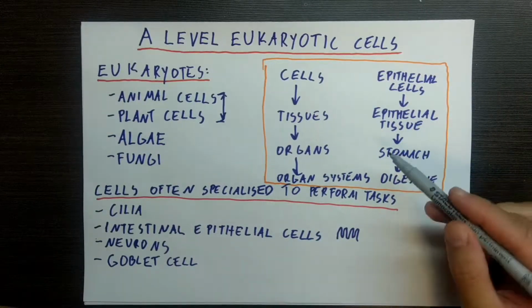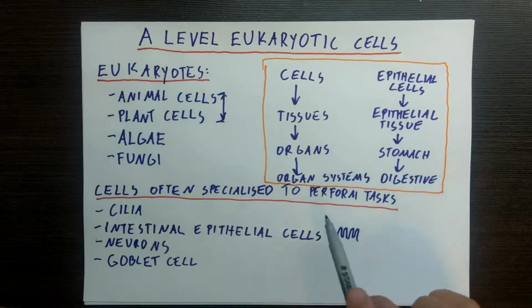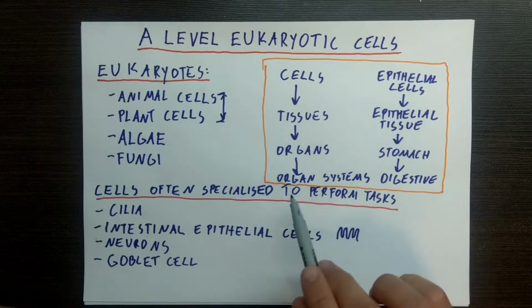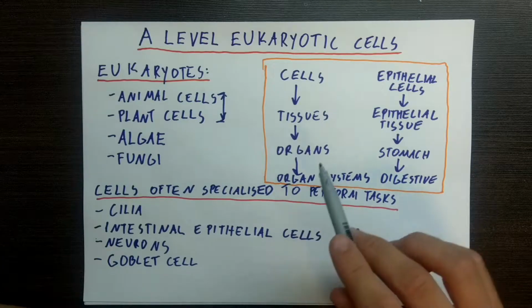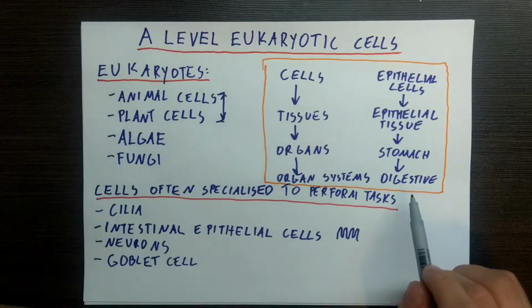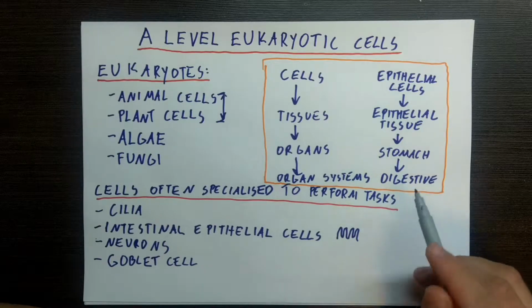So now we have an organ called the stomach, and organs come together to make organ systems that altogether have a big overarching job. So the stomach is a part of the digestive system alongside the pancreas, liver, intestine, and a couple more.